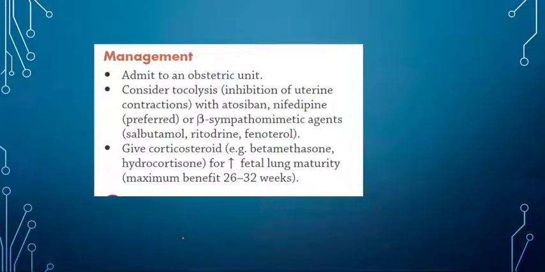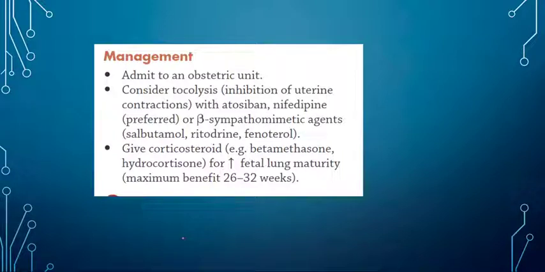Now, if a patient develops preterm labor, in a rural setting you can't keep the patient there; you have to send the patient to a tertiary hospital. Before sending the patient, a couple of things can be done.